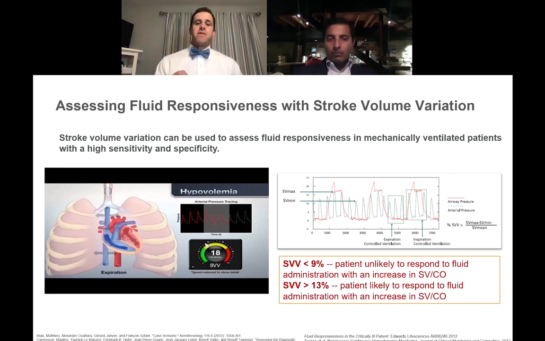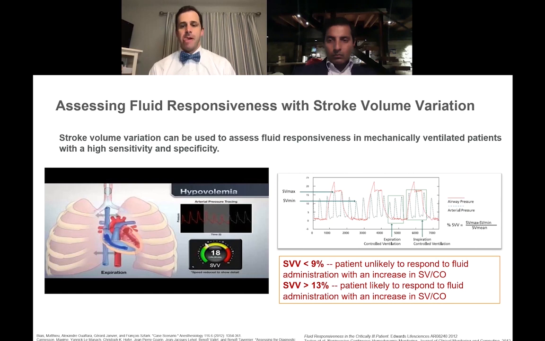And so that stroke volume variation, if it's less than about 9%, the patient's unlikely to respond to additional fluids. However, if we're seeing a lot of variability with the respiratory cycle, then that patient's much more likely to be fluid responsive. So just wanted to throw that out there. That's not for all your patients, but I think we can use that in a subset who are still pretty deeply sedated with some reliability.